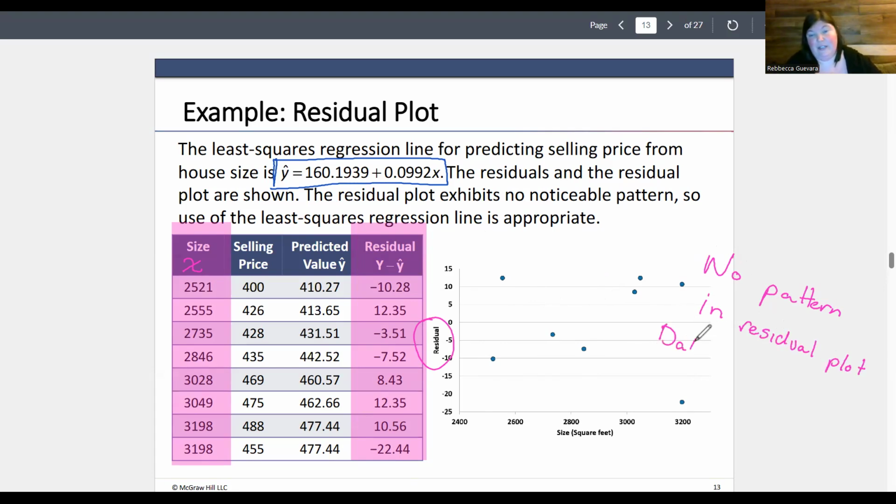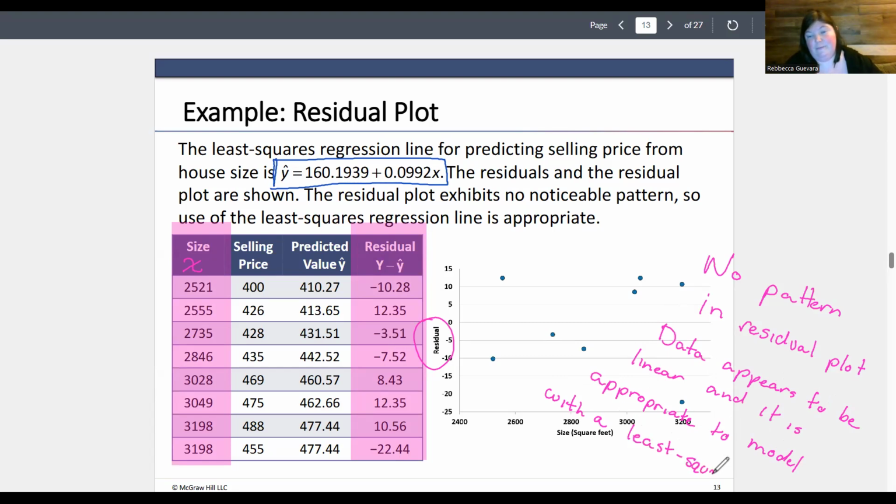That means the data appears linear, and it is appropriate to model with a linear line, or in our case, a least squares regression line.